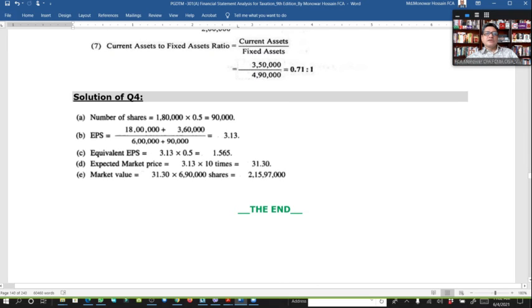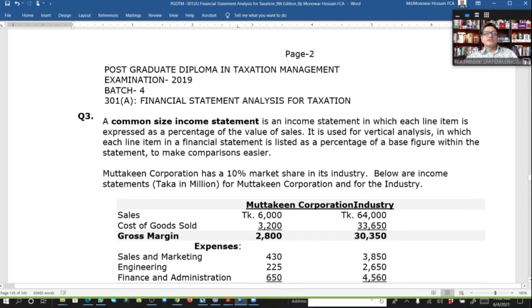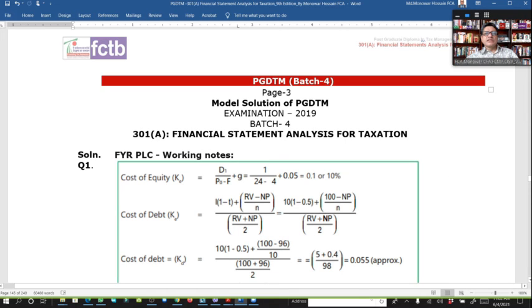And batch 4, it was the question, it is the solution. Batch 5, this is the question and the solution is here.